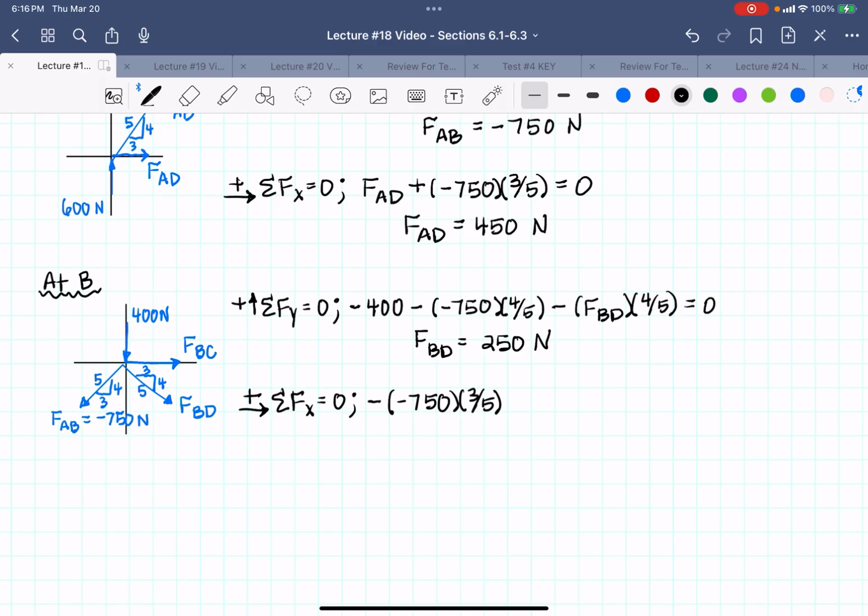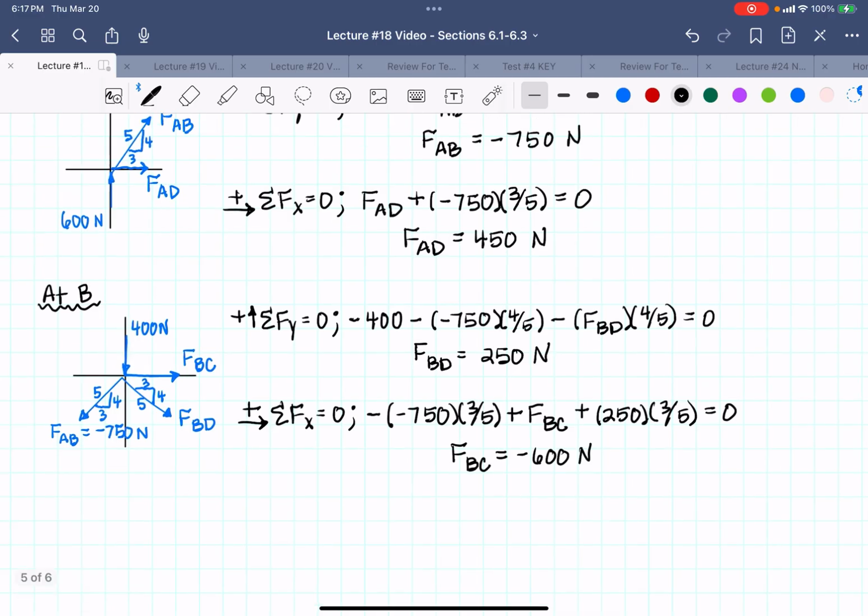Then I have FBC, which I assumed positive, so it's going to be plus FBC. And FBD, I also assumed positive, and it is positive, so we're going to put plus 250 times 3 over 5 equals 0. So if I solve for FBC, I'm going to get a negative number. I get negative 600 newtons. So it is in compression.